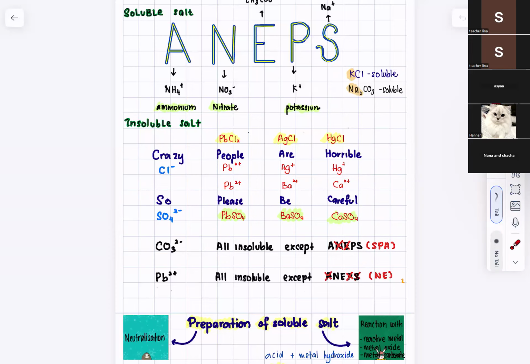Okay, Asha. Potassium sulfate, soluble or insoluble? Soluble. Magnesium carbonate, soluble or insoluble? Can you repeat that? Insoluble.